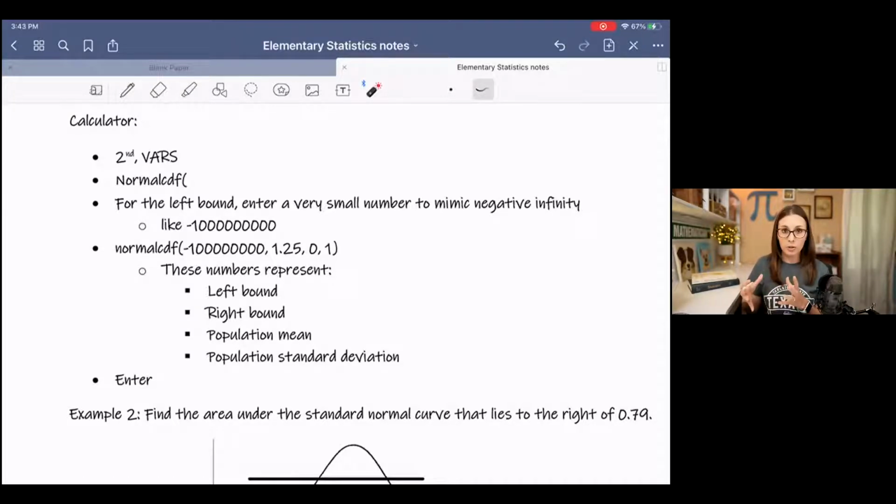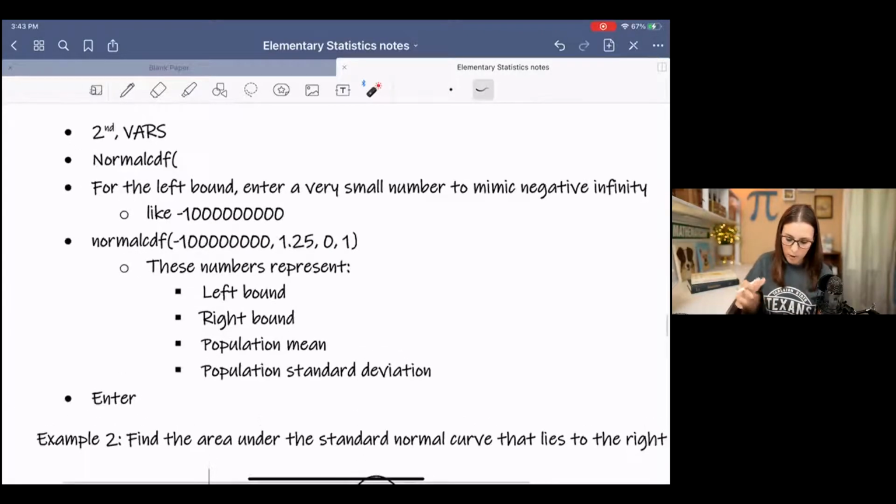If you have not an old calculator, some of the newer ones will let you use infinity, but most calculators don't have an infinity symbol. So it's going to basically want you to use a really small number for negative infinity and a really big number for positive infinity. You don't have to count the exact zeros there. It just has to be a really big number.